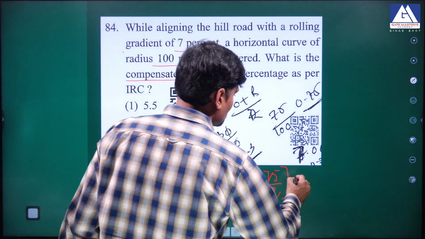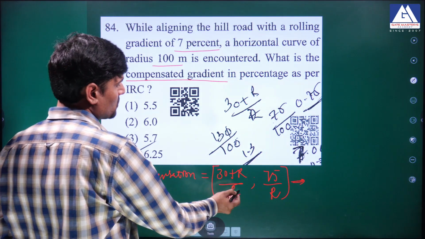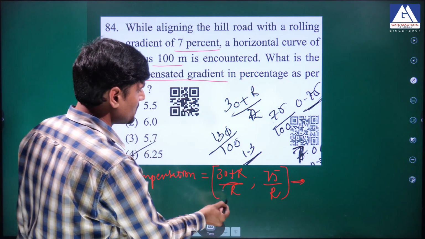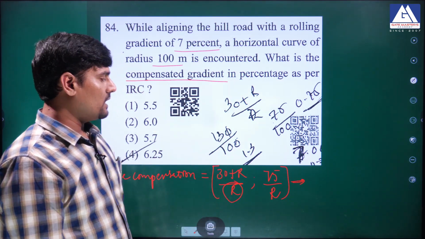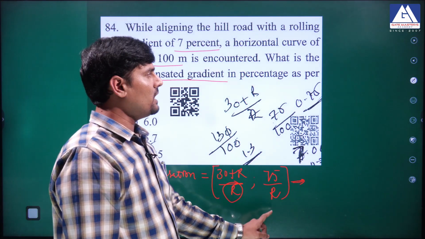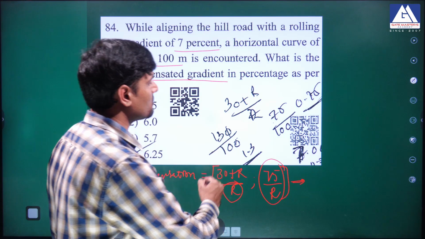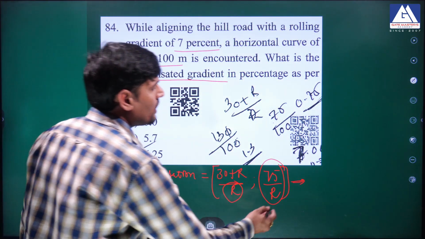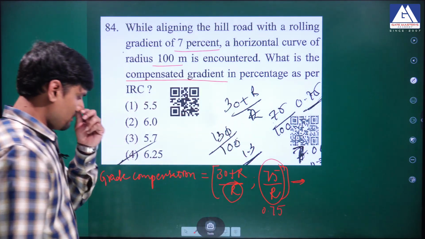If you solve this, it is direct substitution, see here r has to be substituted, that is 100, so 130 by 100 and this becomes 75 by 100. So, what is the smallest value? The smallest value is 75 by r, so that gives around 0.75.